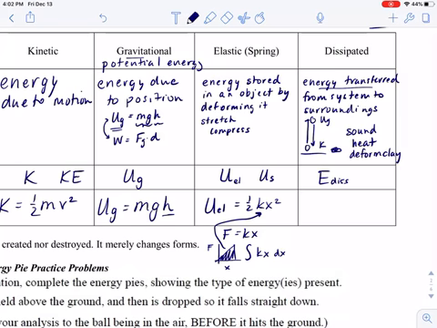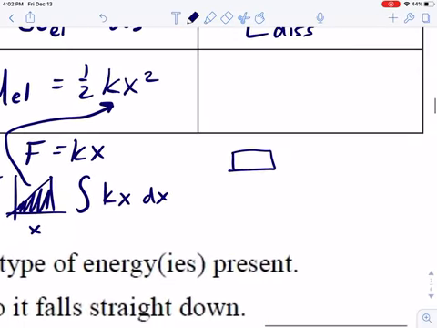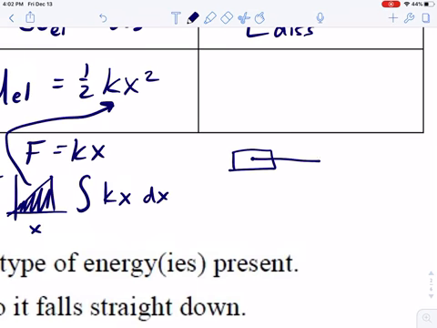There's another way that we could dissipate energy. Let's say that I've got a brick, and I'm dragging the brick. And we'll say that we've got a normal force and a gravitational force and an applied force. I'm dragging the brick at a constant speed so that the applied force is equal and opposite to the force of kinetic friction.